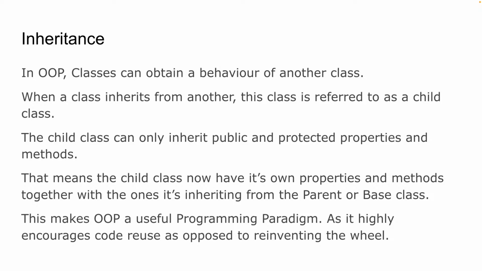Usually the child class can only inherit the public and protected properties and methods. So the private ones won't be inherited, are not modifiable, and cannot be accessed in the child class. This means the child class now has its own properties and methods together with the ones it has inherited from the parent or base class.